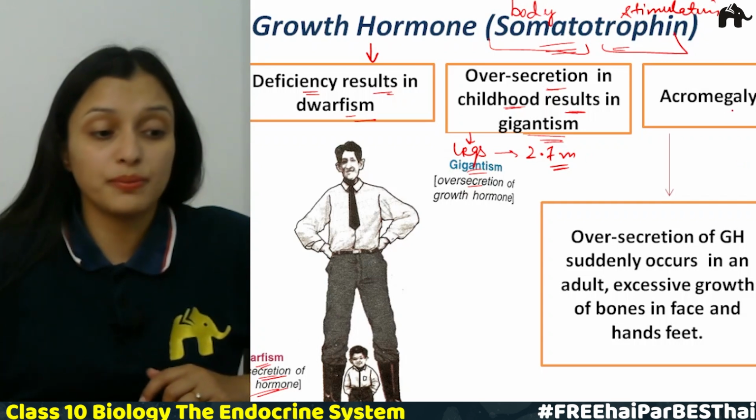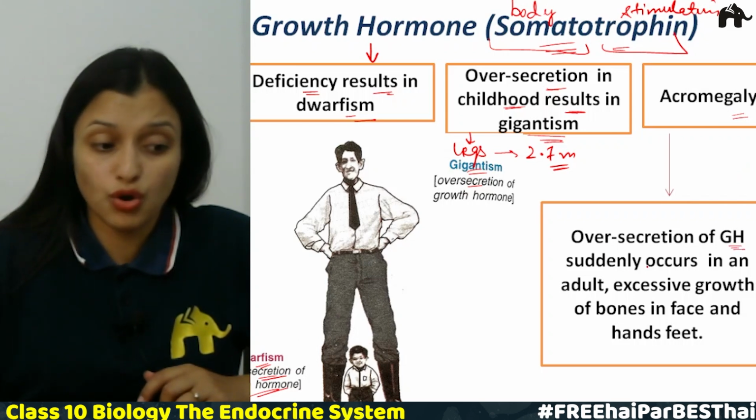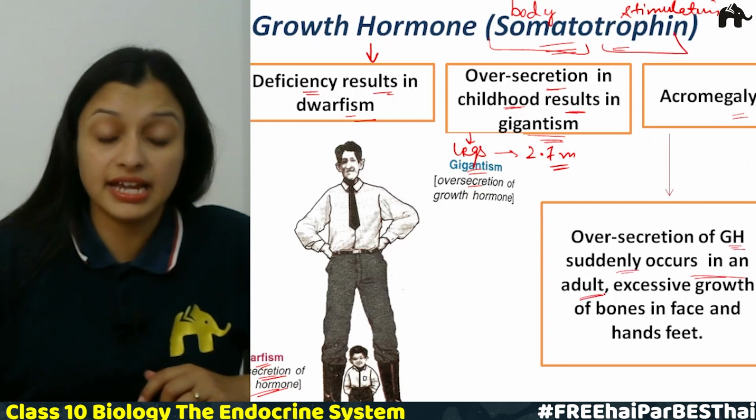The next is acromegaly. Acromegaly is a situation where there is sudden over secretion of growth hormone in an adult, right?